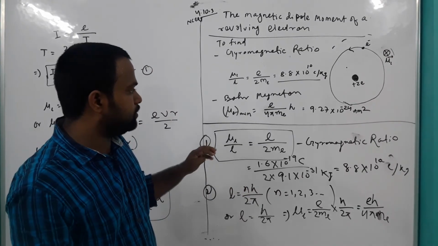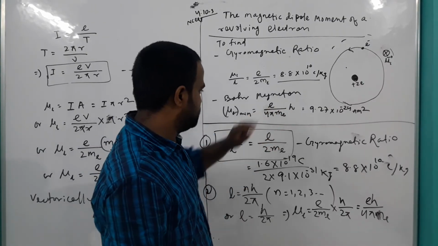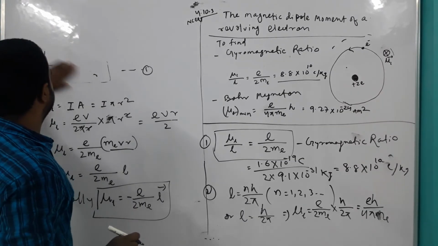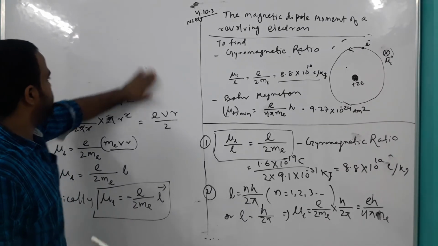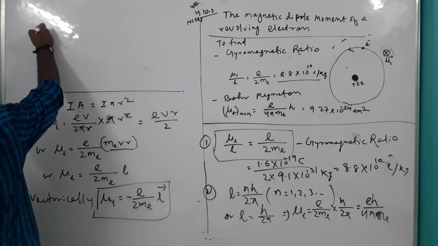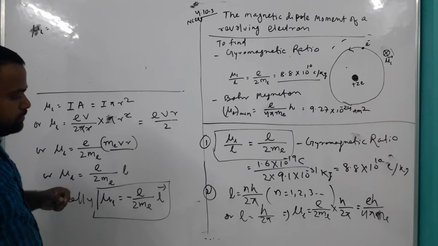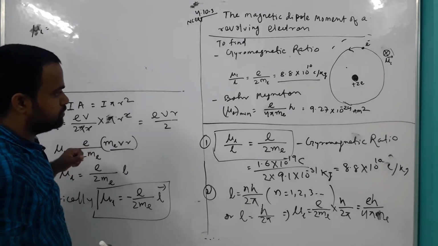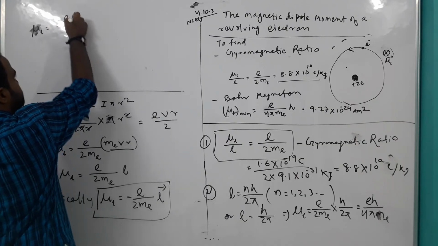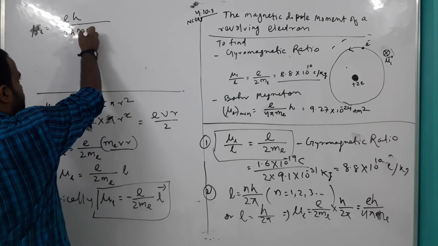Now if you put all the values, let's do it here. You will get mu L is equal to eh by 4 pi me.